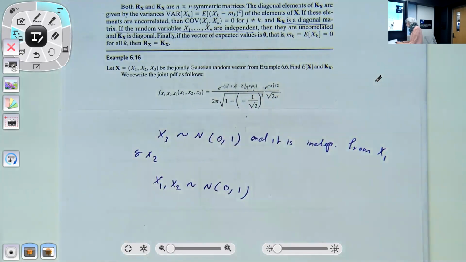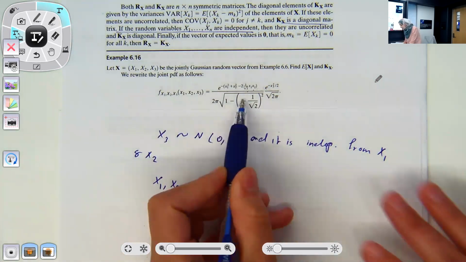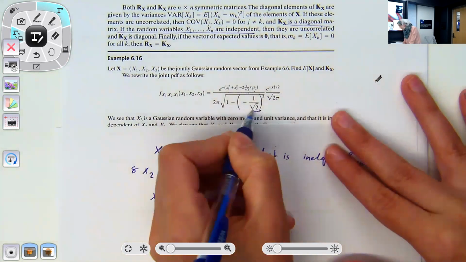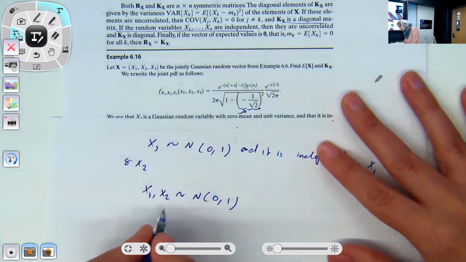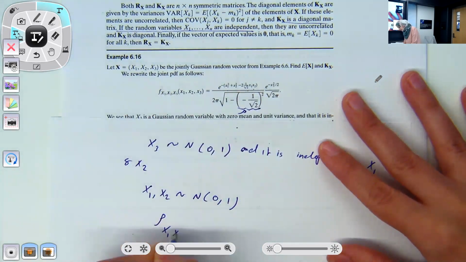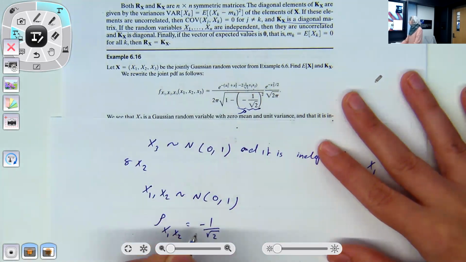If you know the definition of the PDF of the multivariate, you will find that this is the value of rho. So the value of rho between x1 and x2 equals -1 over square root of 2.